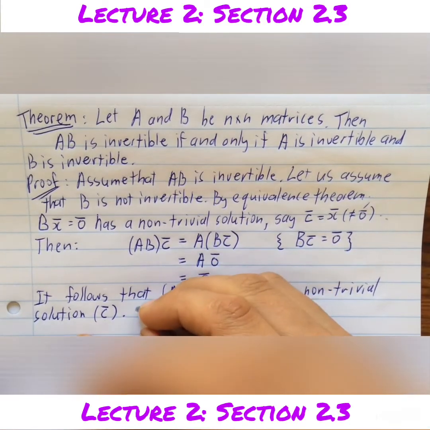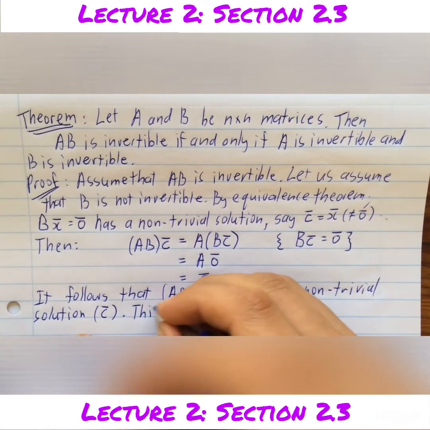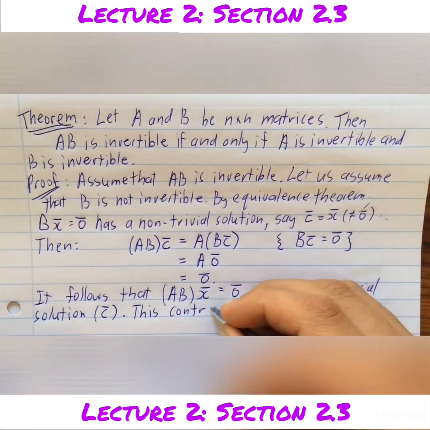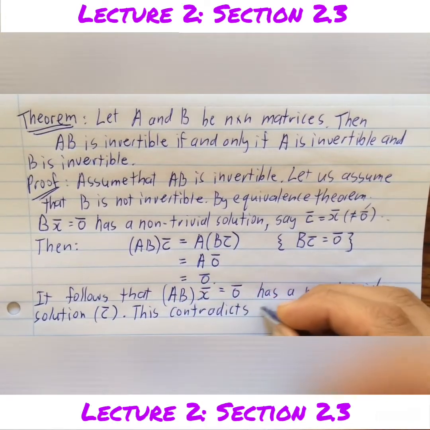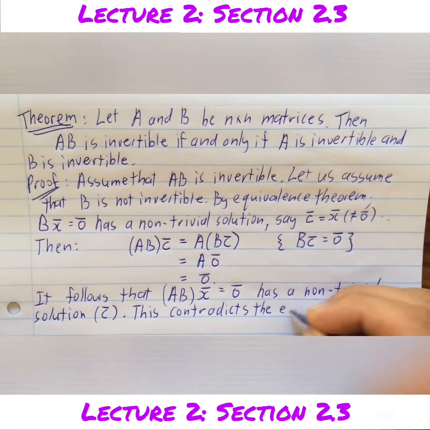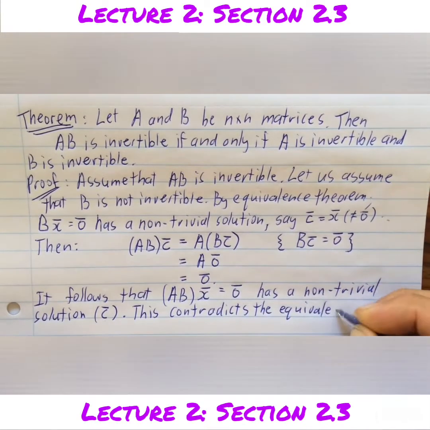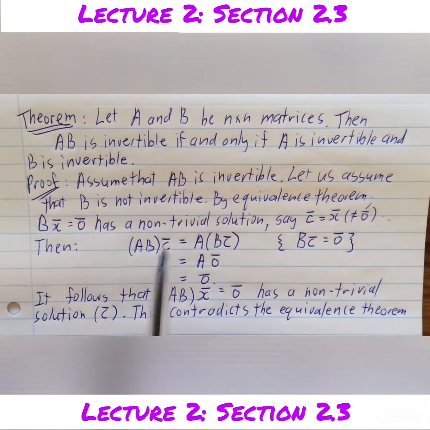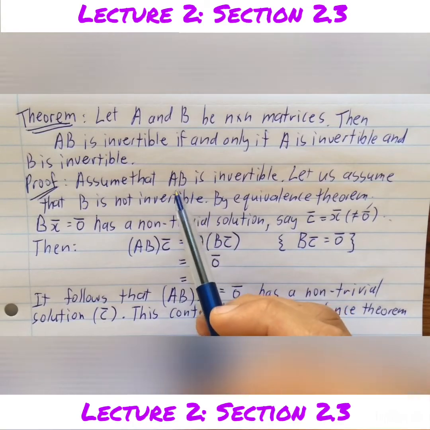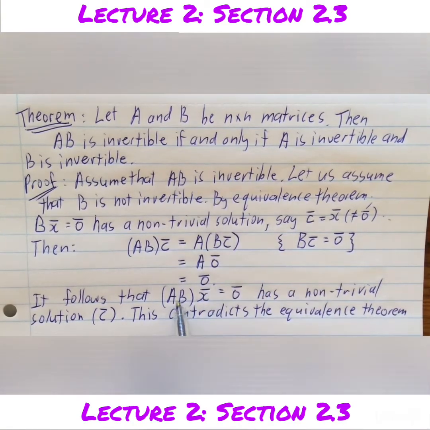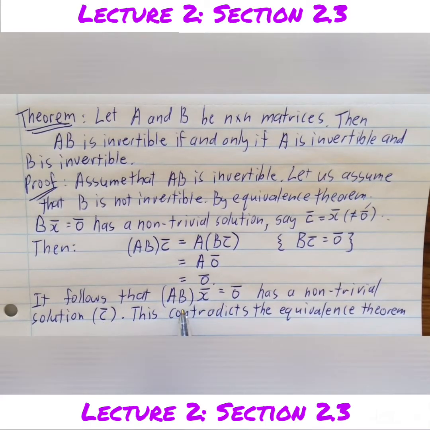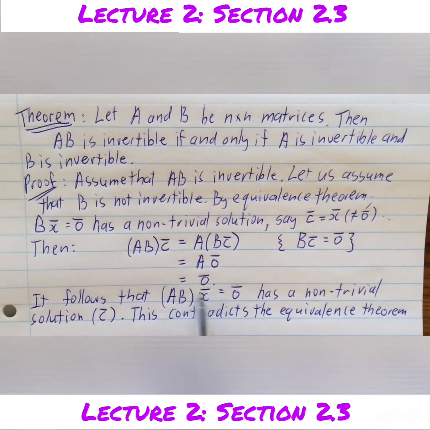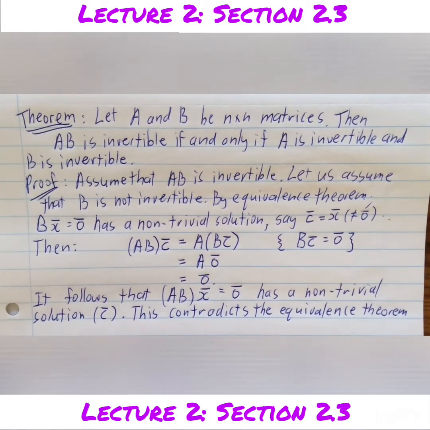Now, this contradicts the equivalence theorem. Why? Because we assumed that A times B is invertible, and by the equivalence theorem, this system will have only the trivial solution, and in this case it has a non-trivial solution. So that contradicts the equivalence theorem.